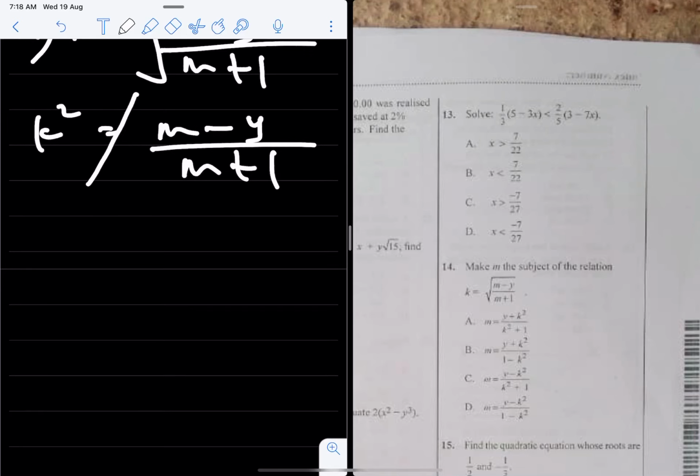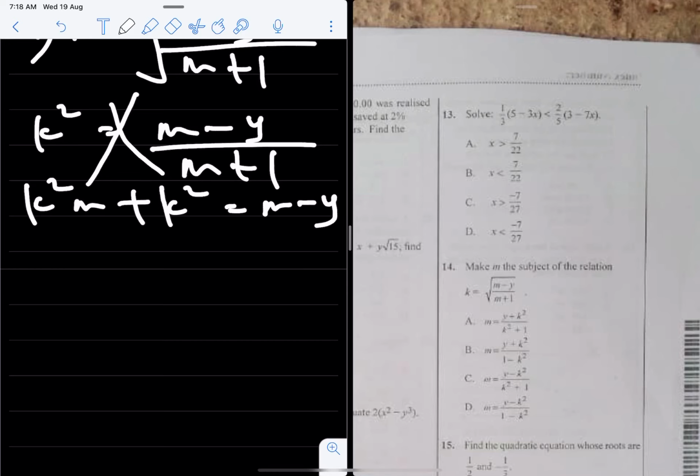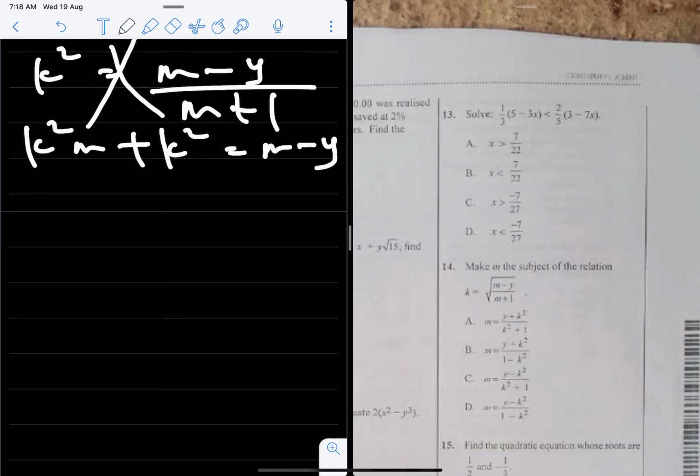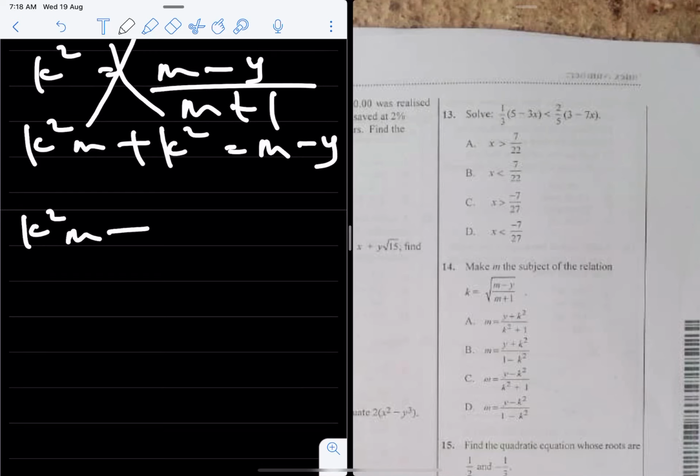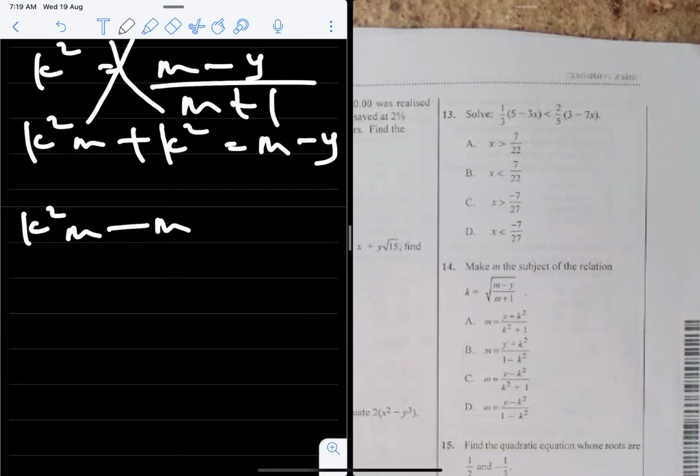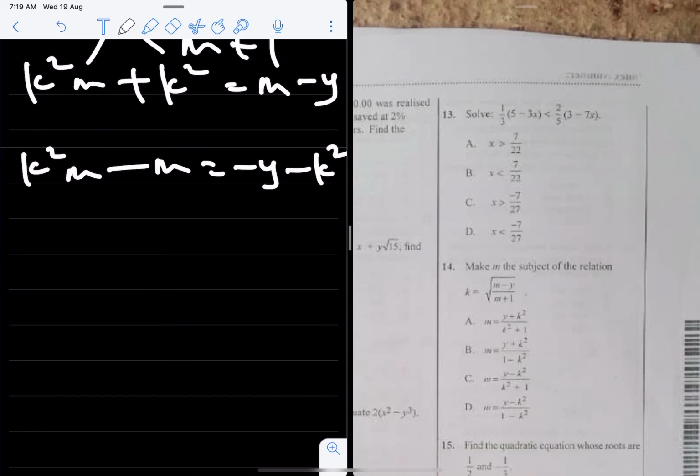Now we can cross multiply, and then we have k squared m plus k squared equals m minus y, which simply means now we collect like terms. K squared m minus m is equal to minus y minus k squared.